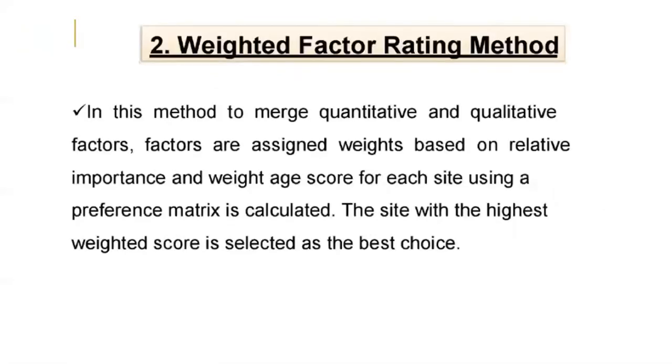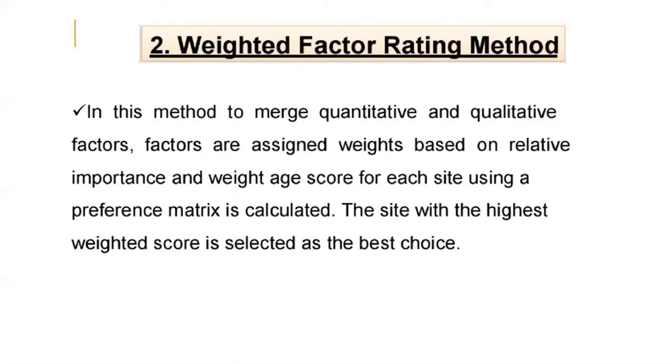Now we have the weighted factor rating method. The weighted factor rating method is simply like the factor rating method. Here what we are doing is assigning weights. In this method, quantitative and qualitative factors are assigned weights based on their relative importance, and a weighted score for each site is calculated using a preference matrix.